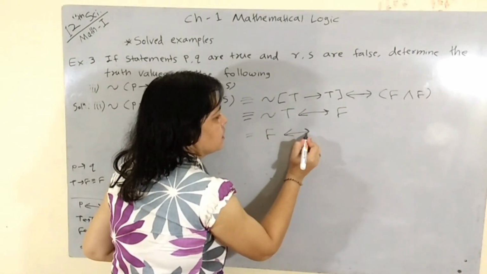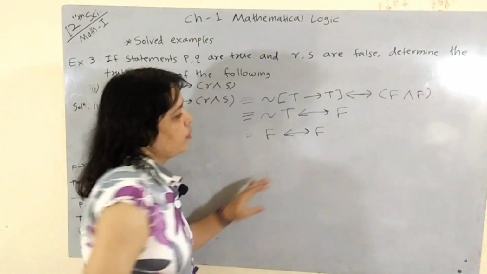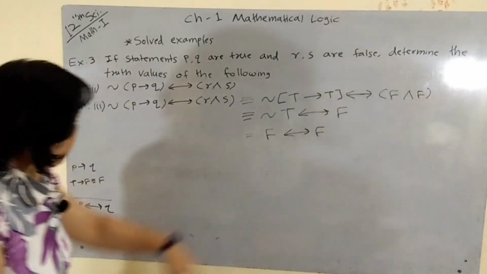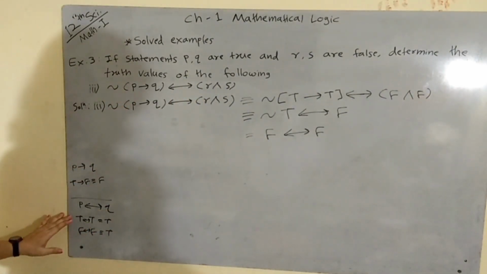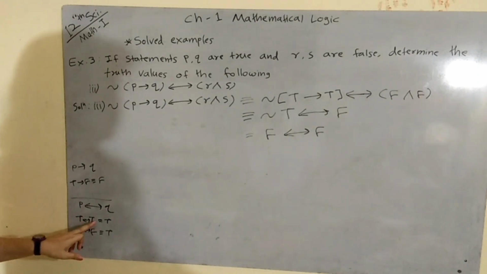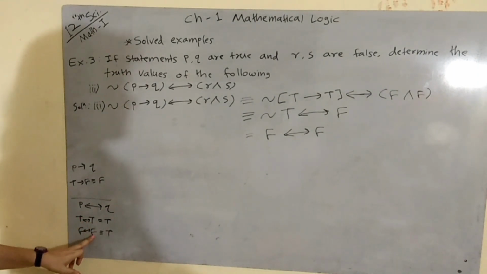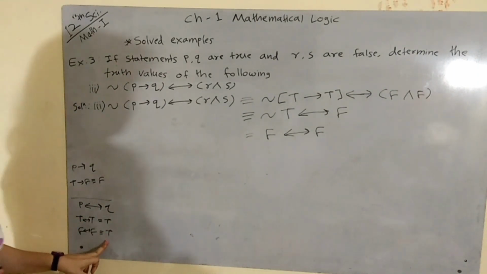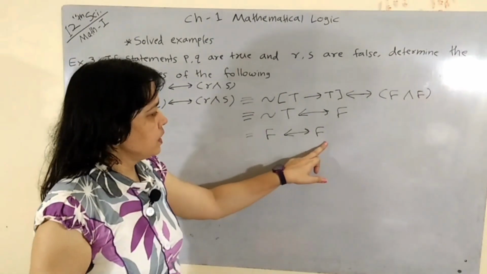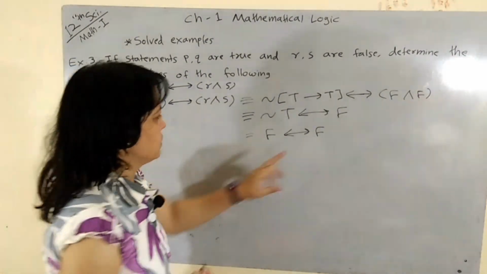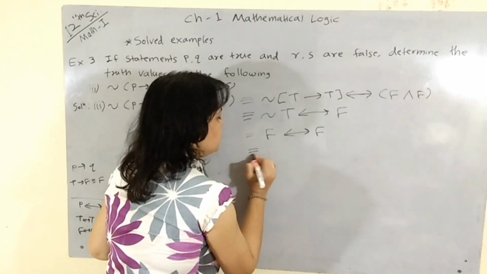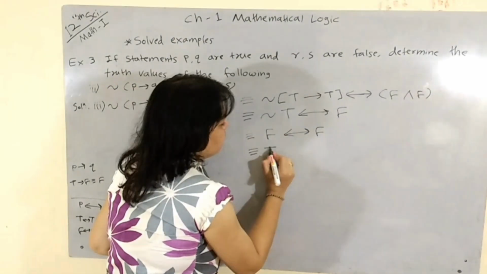False, biconditional, false. And for biconditional, we know that if both values are same, if they are true, true, or false, false, then it is true. So here both are same values, false, false. Therefore, its truth value is true.